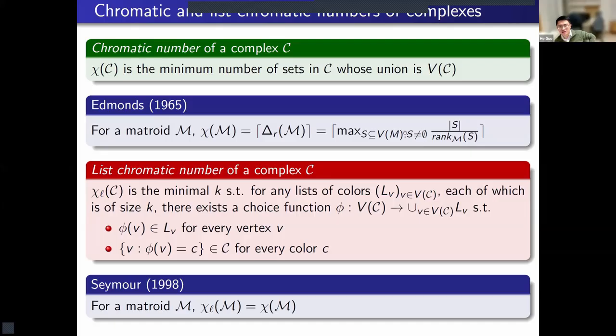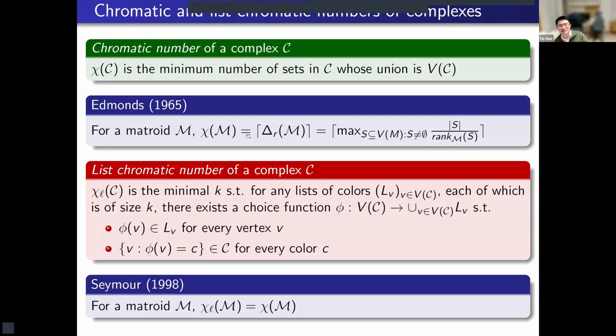At least we can see this trivial lower bound of the chromatic number of M. If you find a minimum number of sets in your matroid whose union is all the vertices of your matroid, then for any set S, to cover all of S, because you know the maximum size of an edge in your induced subhypergraph is this rank, you need at least the size of S divided by this rank many edges to cover the vertex set.